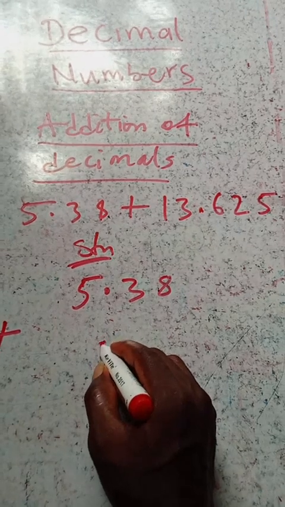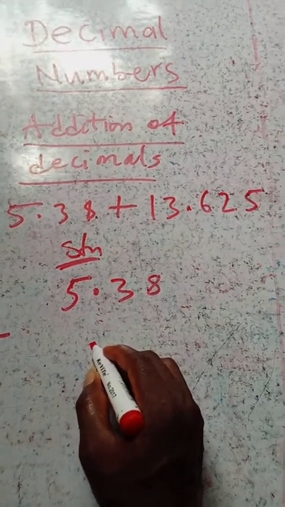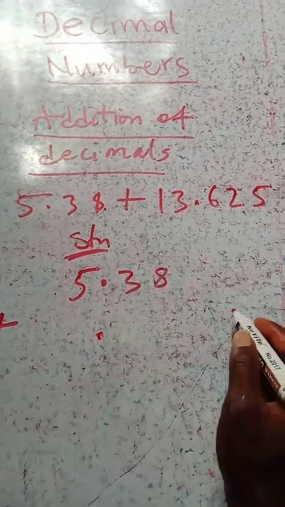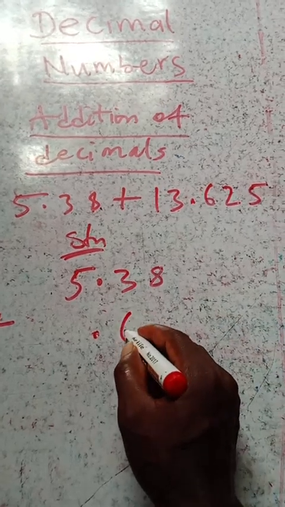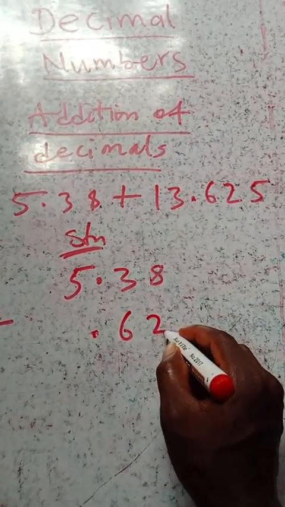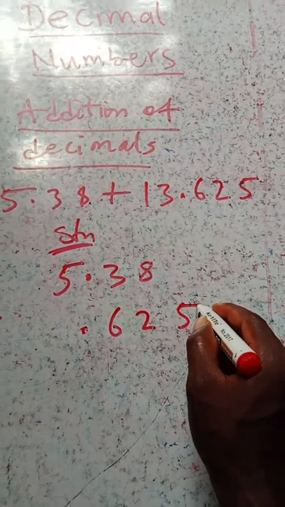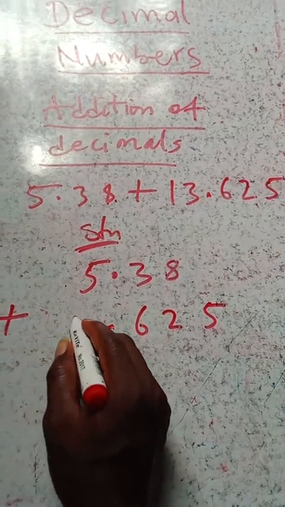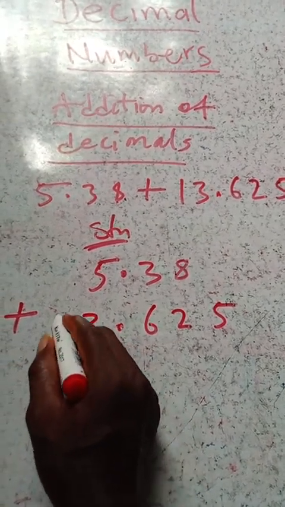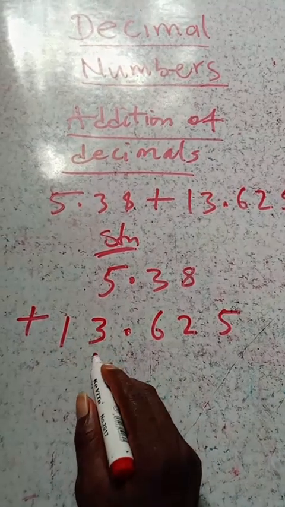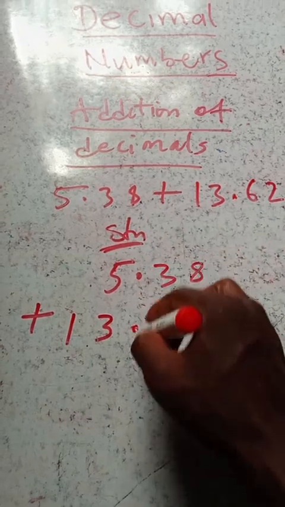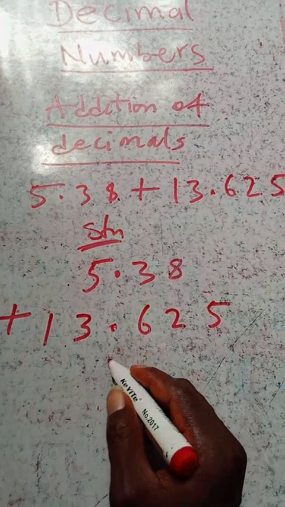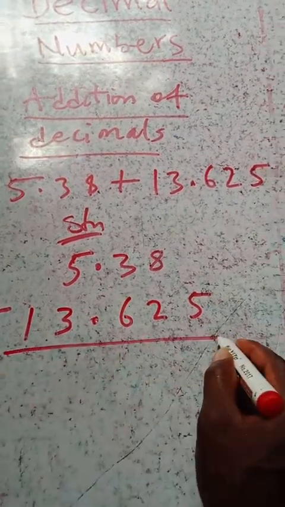After the decimal point, to my right, is 6, 2, and 5. Then to my left is 3, 1, or 1 and 3. So that the decimal points will be corresponding. If they are not corresponding, it will not be correct. So you do your normal addition.